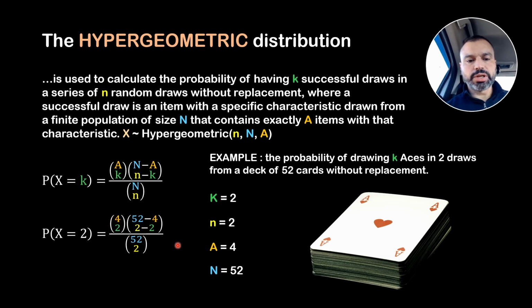And when calculating this, we get a very small probability. We get a probability of 0.0045 of drawing 2 aces in 2 draws.